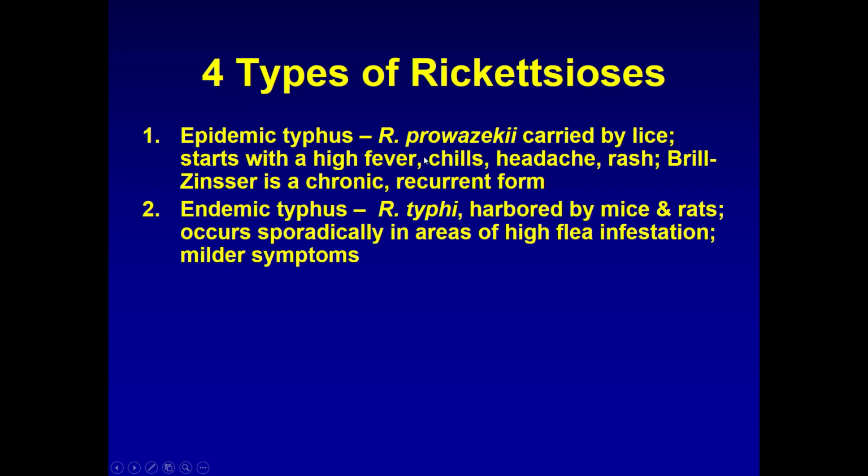Our next one causes endemic typhus. So endemic typhus is caused by R. typhi, Rickettsia typhi, harbored by mice and rats, and occurs sporadically in areas of high flea infestation. So R. typhi, I don't know, typhi rhymes with flea maybe. But anyway, endemic typhus is R. typhi, epidemic typhus is Rickettsia prowazekii.